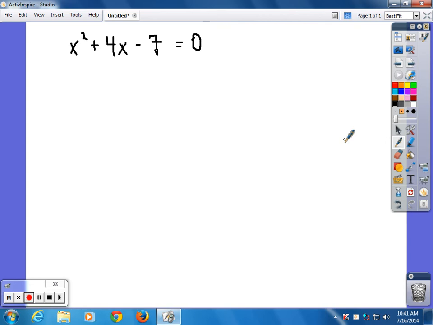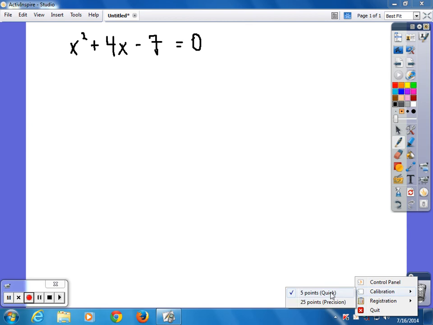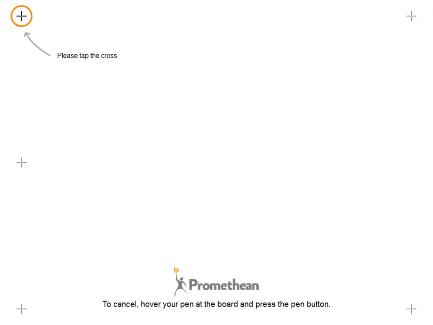When you do this problem, you basically have a problem that looks like a parabola, or a horseshoe. And it crosses the x-axis at several places.